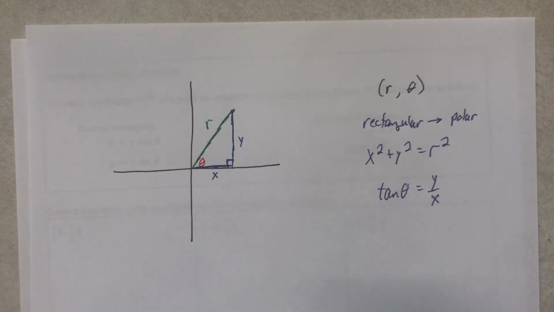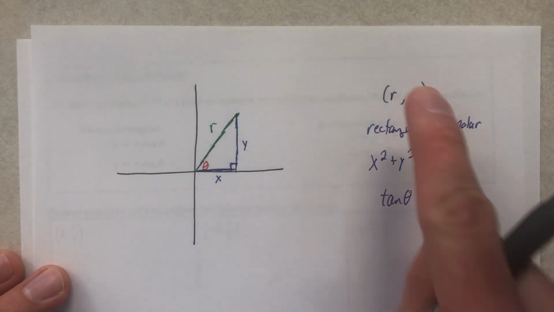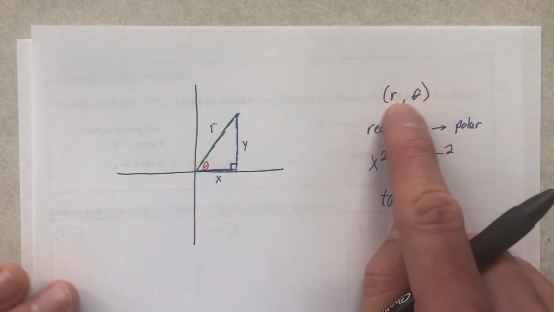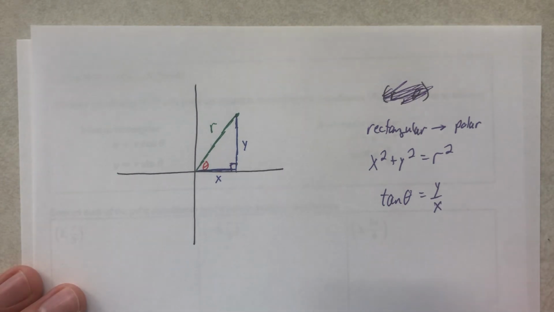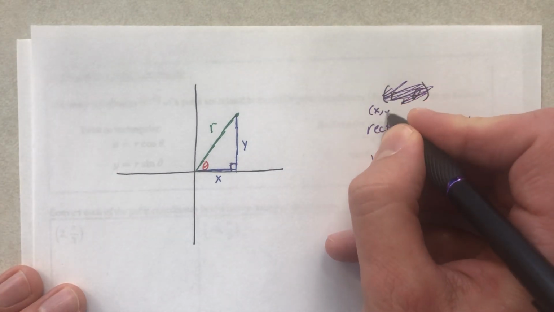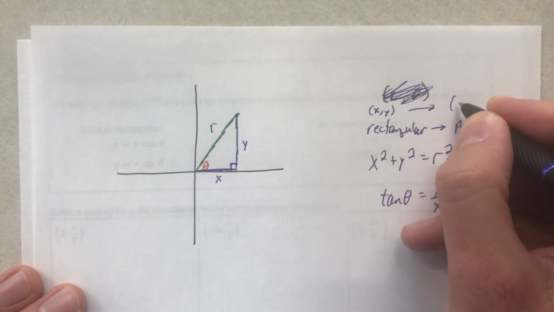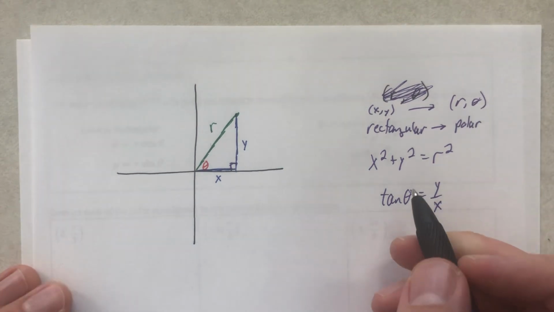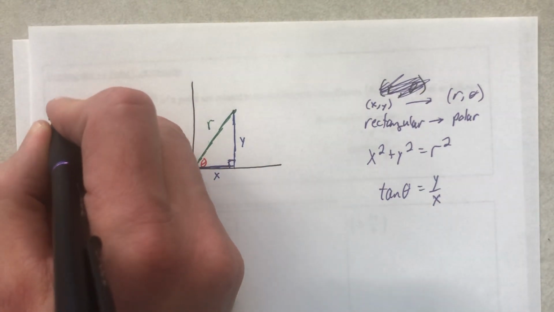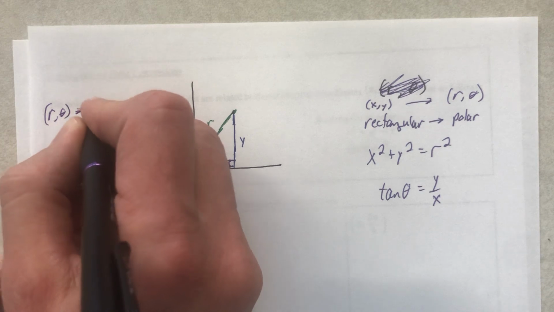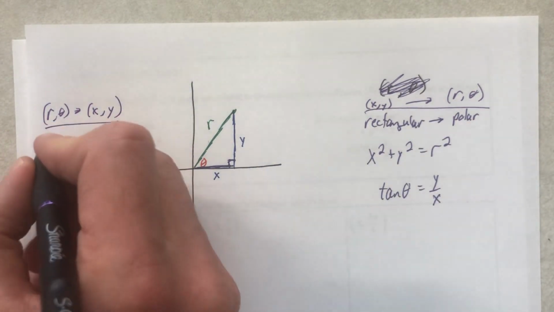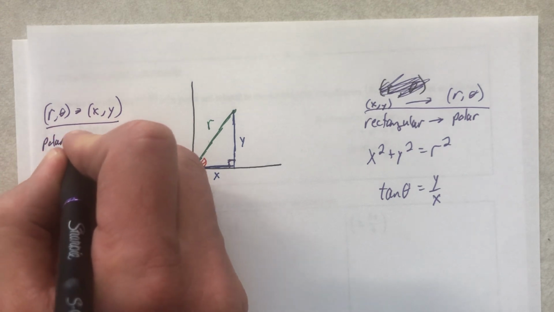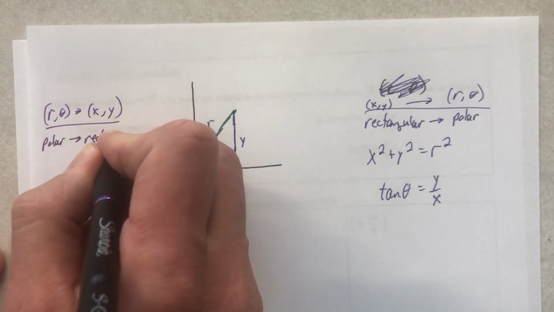If I wanted to use two of the things that I know, I know r and theta. Let me mark it out here because it looks a little out of context. This is where I start with x, y, and I go to r, theta. And then if I wanted to go from r, theta to x, y, I would be going from polar to rectangular.